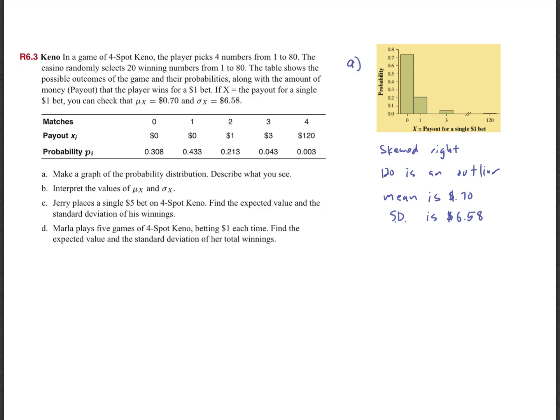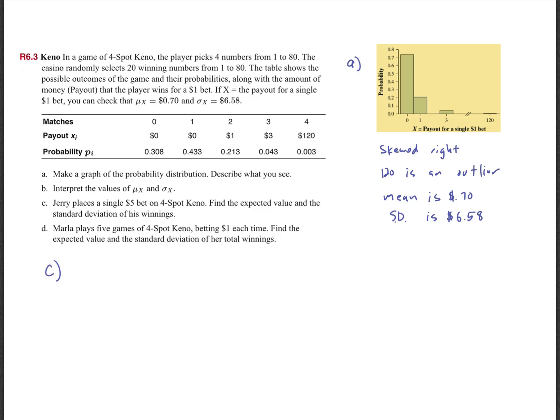Actually, I'm not going to write this, I'm just going to say it. So that would be interpreting the mean. The standard deviation, you'd say the same thing. If you made a large number of $1 bets, the payouts would typically vary by $6.58 from the mean of 70 cents. Okay, so that's B.